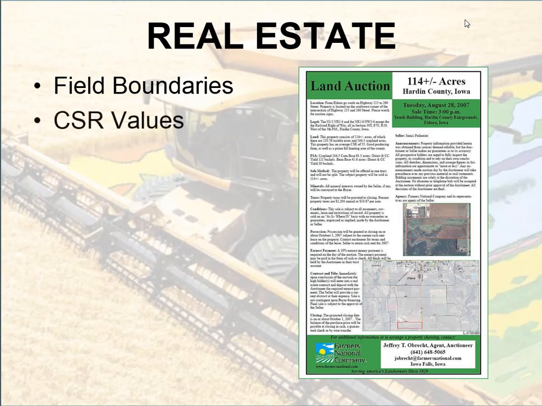By utilizing precision ag, we can very easily and quickly calculate the CSR values, that corn suitability rating I mentioned earlier. We can also put in the soil types and know what they can do. A lot of that has been utilized to help determine a true and accurate land value for that piece of land.